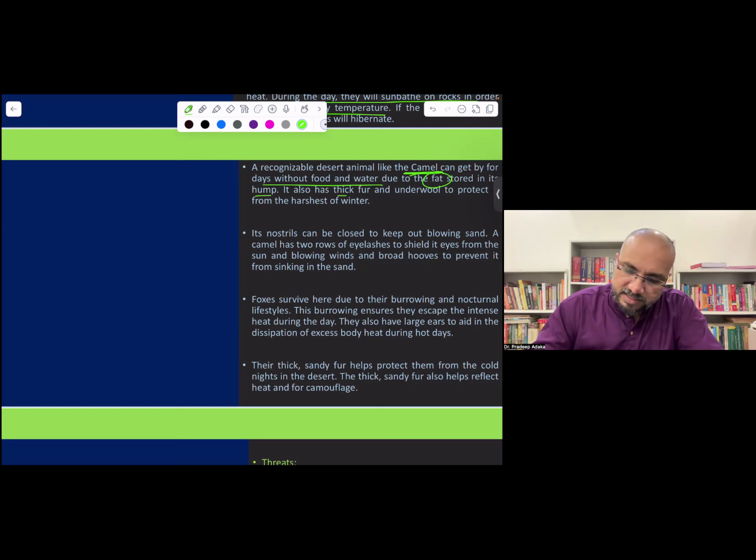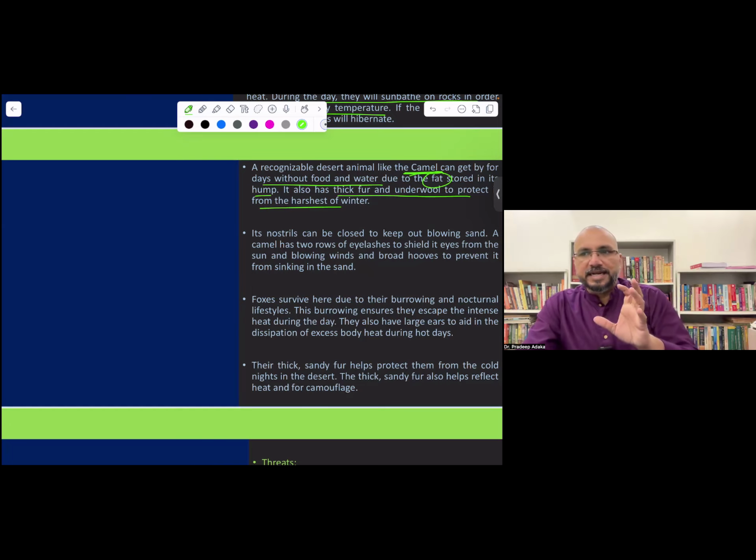It also has thick fur and wool to protect it from harsh winters. Winters are cold in the deserts, so it has fur to protect it in winter, and during the summer, when the temperatures are very high, it can stay alive without eating or drinking for long durations.